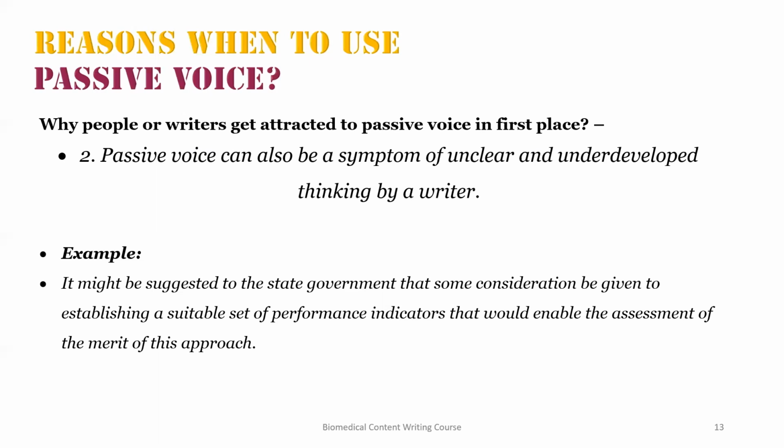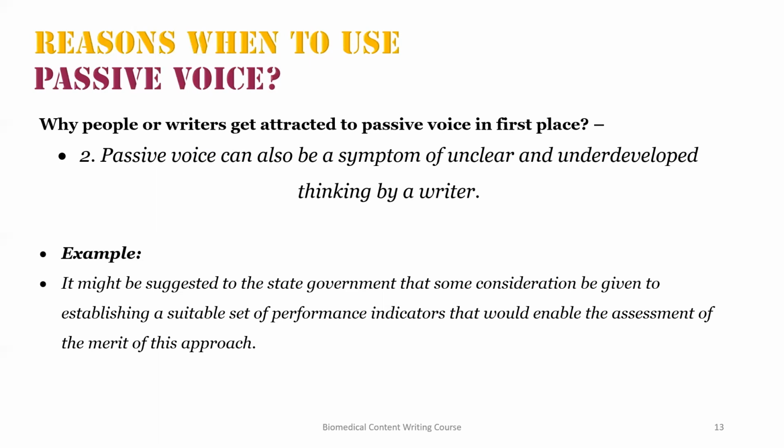Now, in this entire sentence, any reader is not able to find who is doing what. But there is some indication that something is happening. Somebody has suggested to the state government to consider a suitable set of performance indicators, which will help the state government assess the merit of the approach.